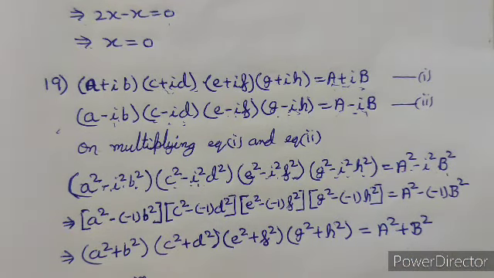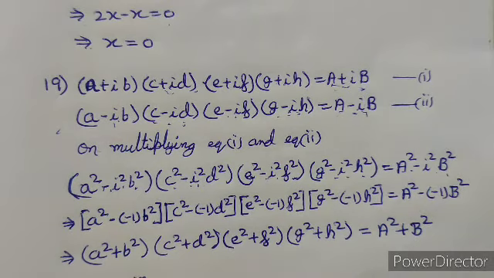As i square is equal to minus 1, so our left hand side will be a square plus b square into c square plus d square into e square plus f square into g square plus h square, and that will be equal to a square plus b square.